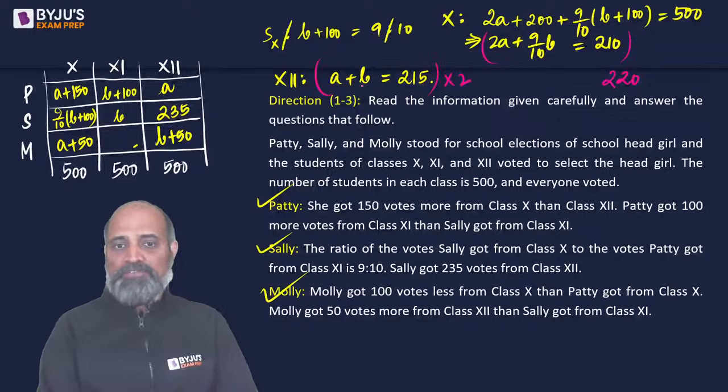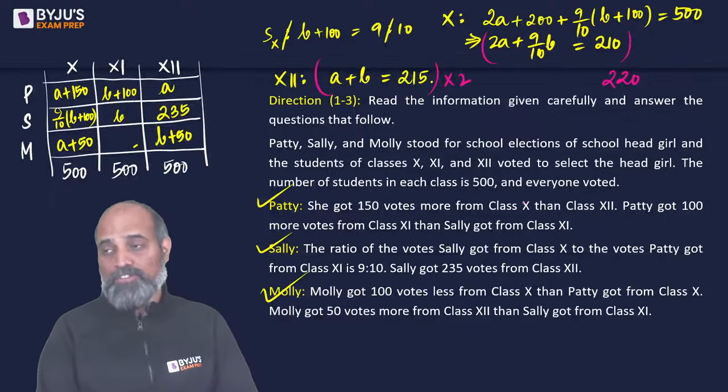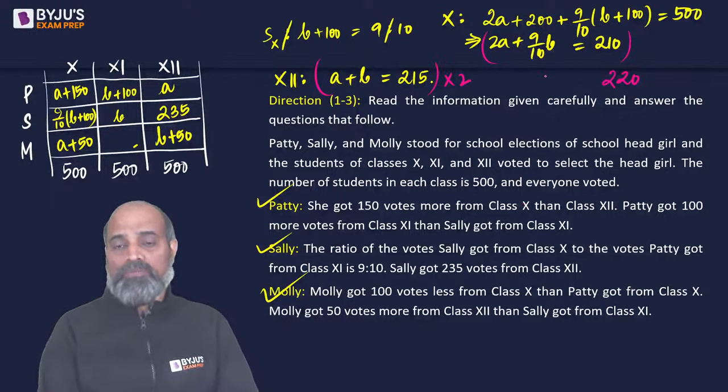And we will have 2B minus 9/10 of B. So that is going to be 21B upon 10.